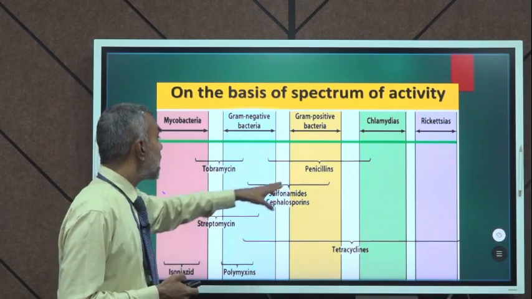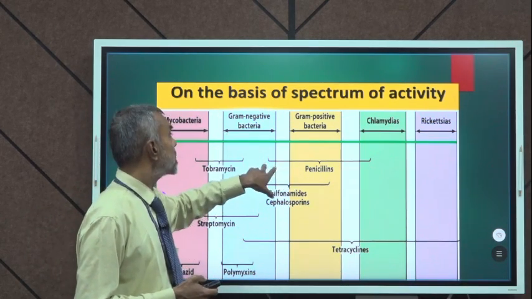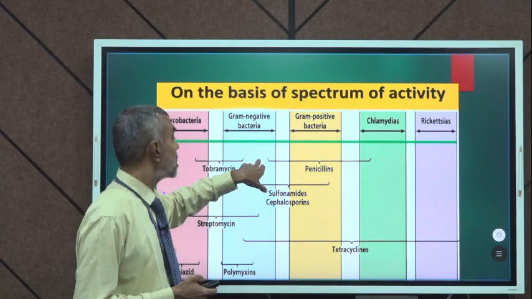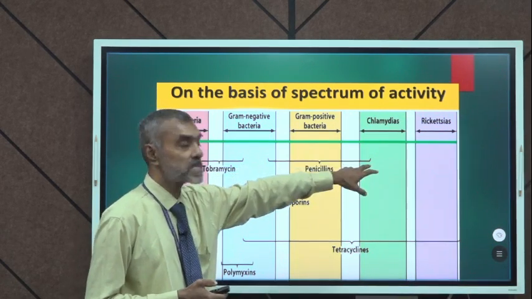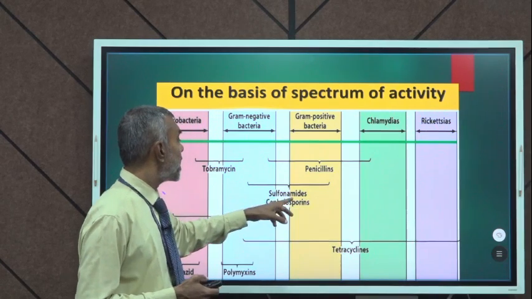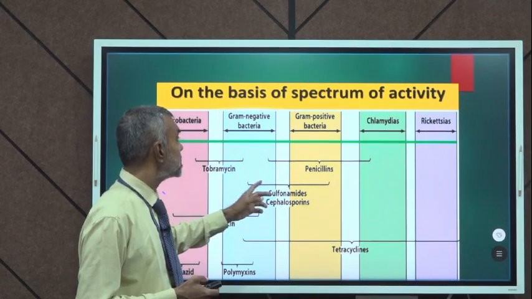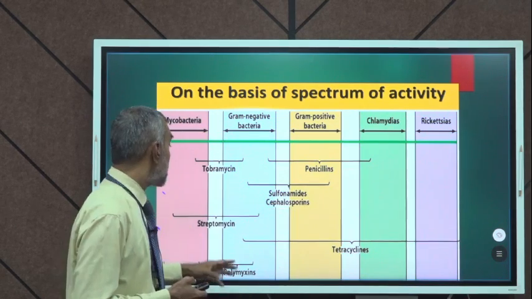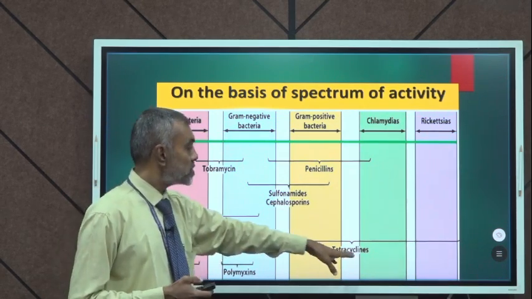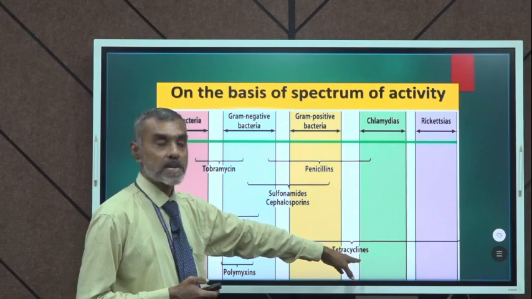And here, penicillins can control gram negative bacteria, gram positive bacteria as well as chlamydia. Sulfonamides and cephalosporins can control both gram negative and gram positive. At the same time, you see the tetracyclines.